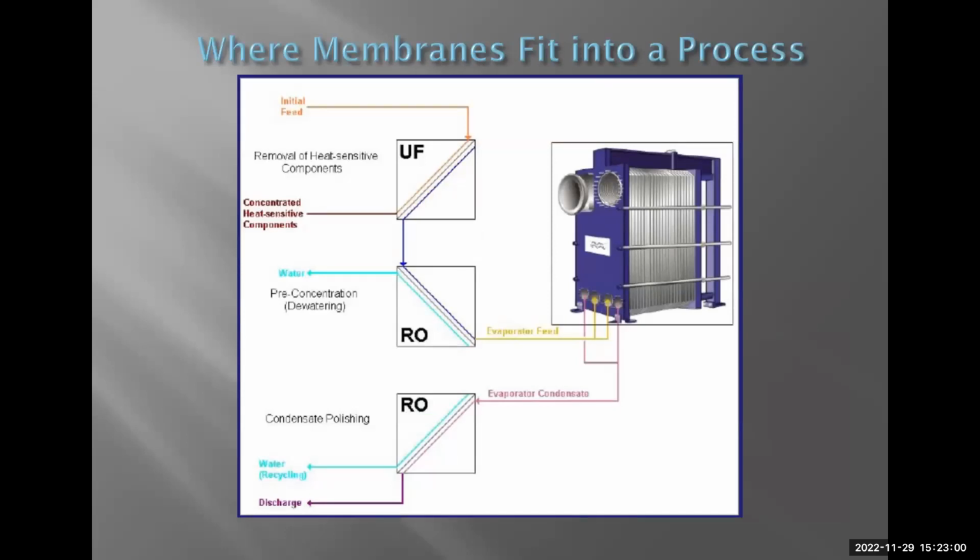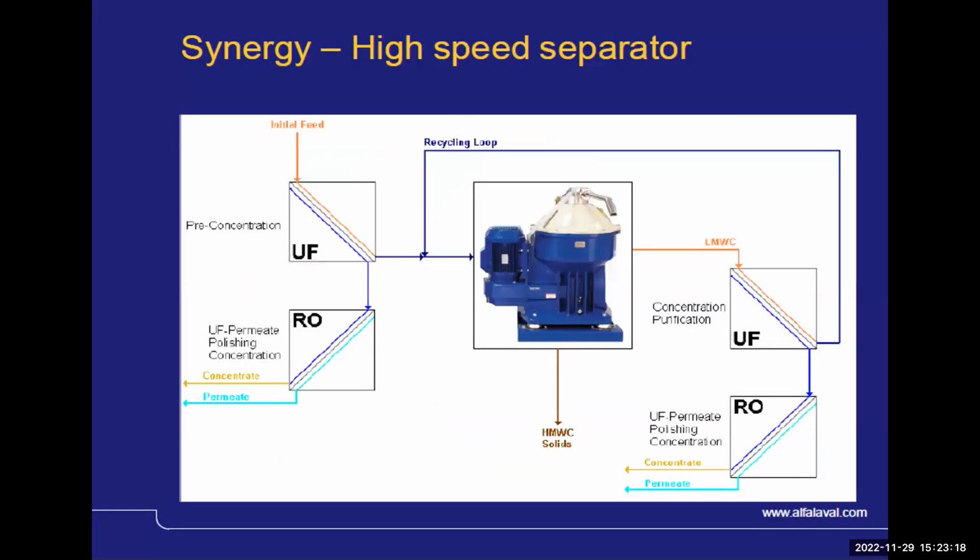So where do the membranes fit in the process? In evaporators, you can use UF membranes to remove any kind of heat sensitive components. You can also pre-concentrate into the evaporator itself and then remove and polish off any of the condensate from the evaporator. In disc stack centrifuges, you can use them to pre-concentrate any of your feed.